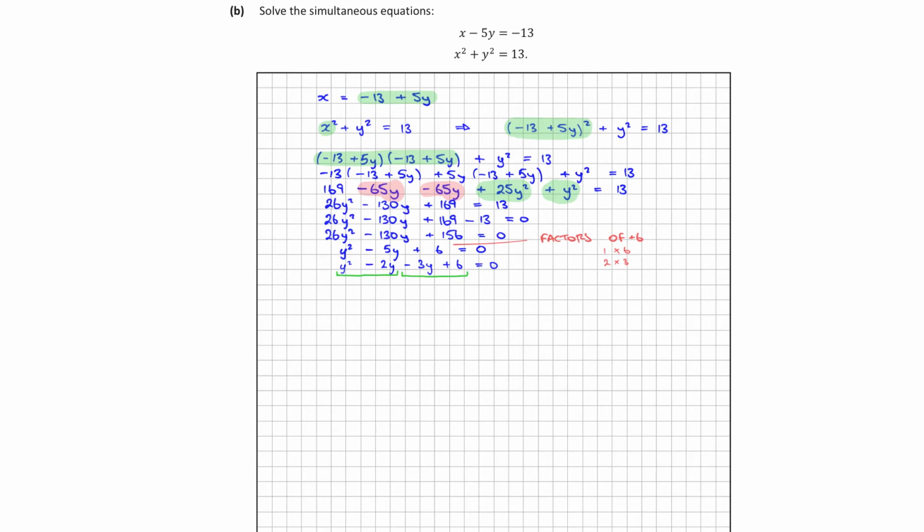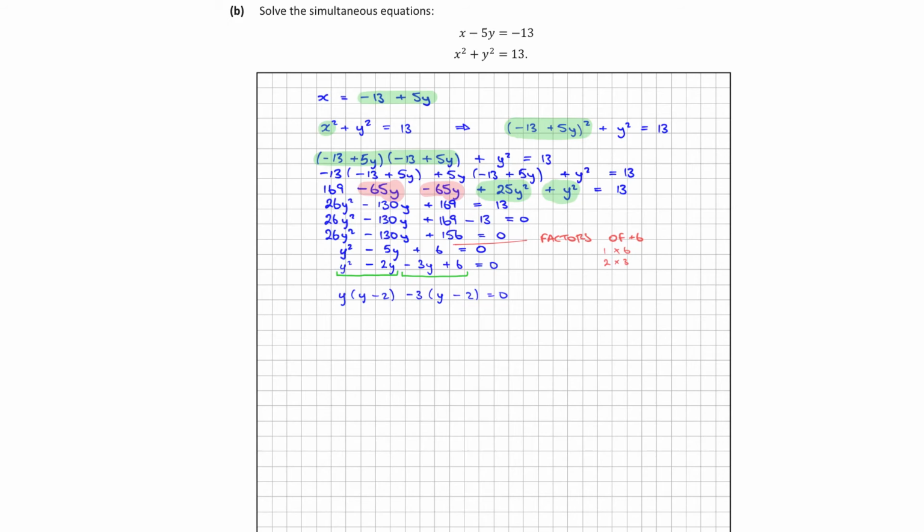And now we need to take out the common factor. So the common factor in the first 2 terms there is going to be equal to y. So I'll have y minus 2 in the brackets. And the common factor for the second 2 terms is going to be equal to minus 3. So I'll end up there with y minus 2 equals 0. Okay.